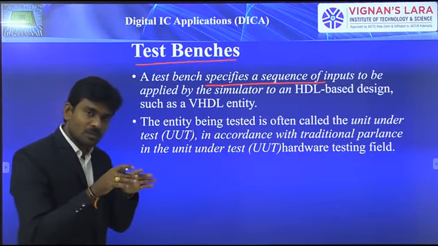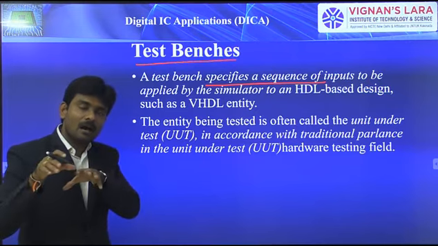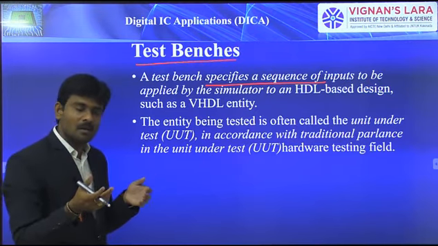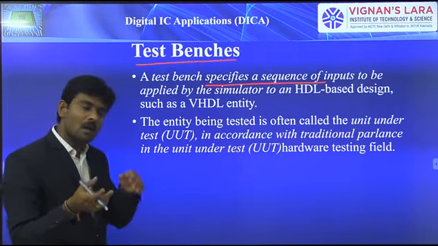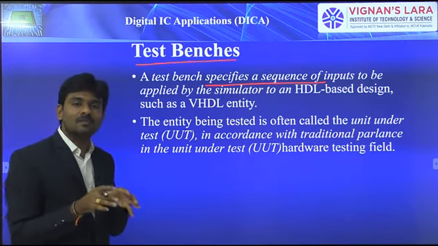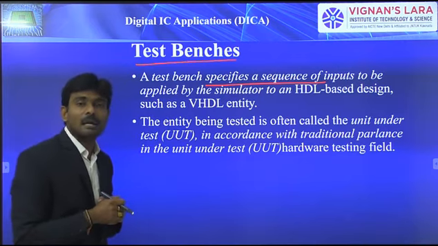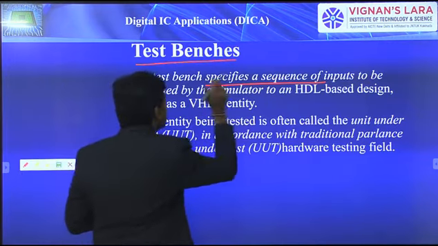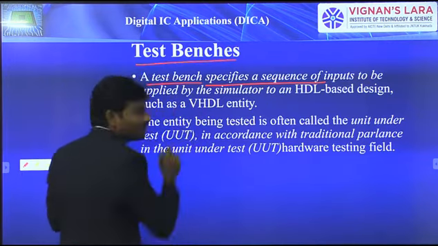Those inputs we are supposed to apply on the HDL based design, whatever program we developed, by means of the simulator tool. Mentioning that sequence of inputs itself, we can consider as the test bench.